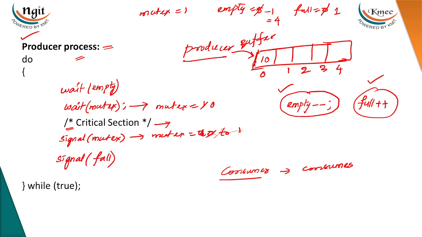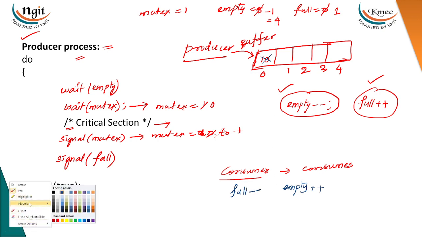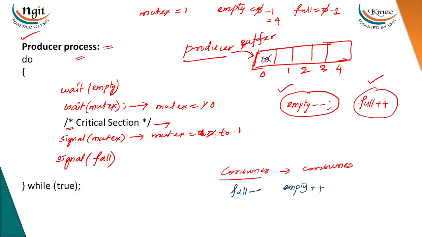If the consumer process consumes this 10, then this location will be empty, so the empty location value increases. First empty plus plus is done, then the full value is reduced: before this, the full value is 1, now it equals 0. Initially there were 4 empty locations, now there are 5 empty locations.